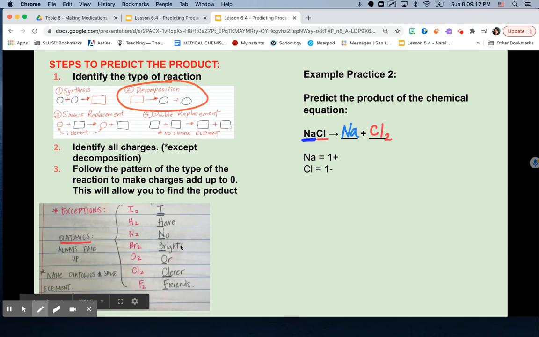And there's an acronym that I use to remember which elements will pair up with themselves. And this acronym has maybe a little bit of shade thrown at your friends, but it's helpful to remember, right? So: I have no bright or clever friends.